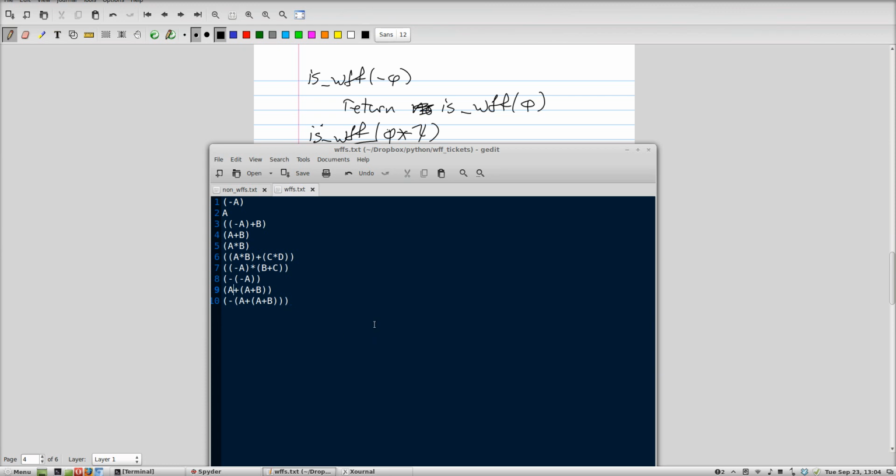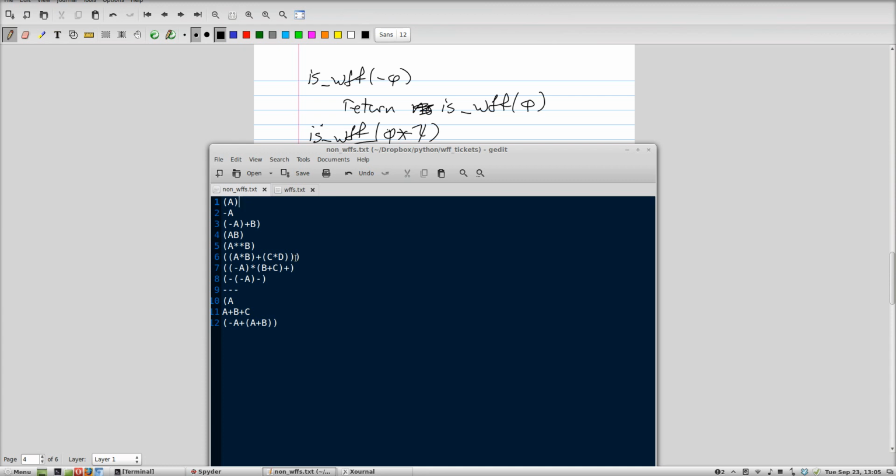So whether or not something is a well-formed formula is a really precise idea. Anytime a computer can decide something like this, it's going to be really exactly specified what qualifies and what doesn't. So here, this file contains non-examples. Each one of these fails to be a well-formed formula for some reason. They all have flaws. And some of them look fine.